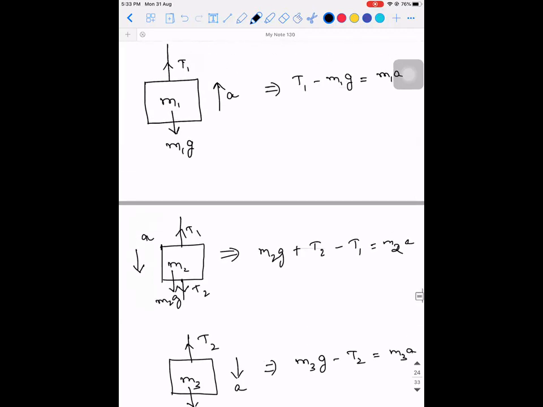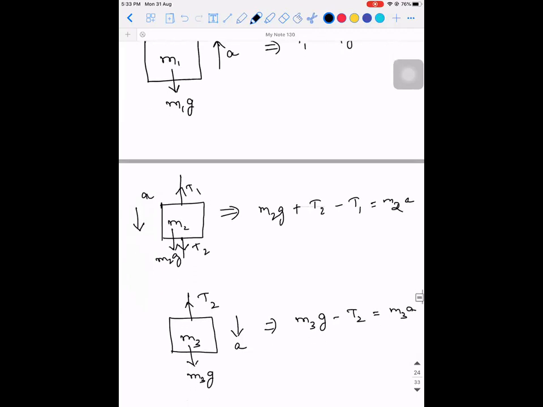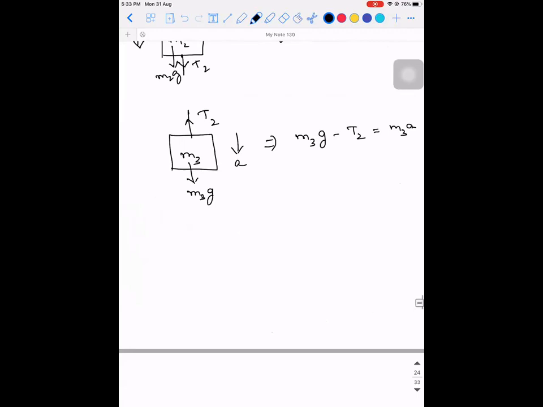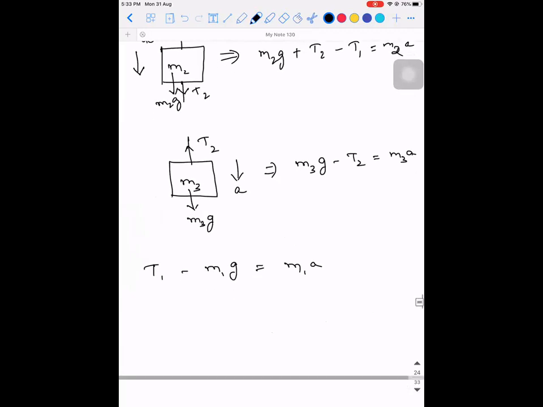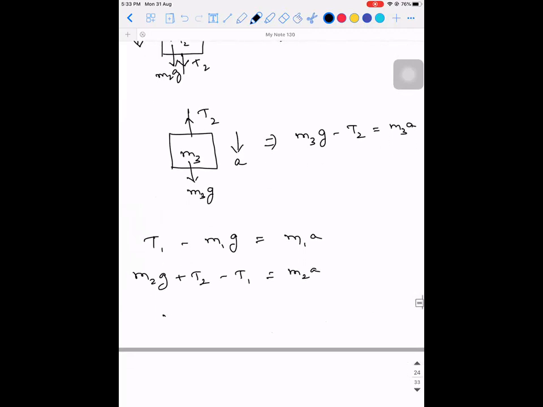Okay, so what are we supposed to do? Add all the equations. That is the only way to solve. So the first equation is T1 minus M1G is equal to M1 into A. The second one is M2G plus T2 minus T1 is equal to M2 into A. The third one is M3G minus T2 is equal to M3 into A. When you add everything, T1 and T2 are gone.